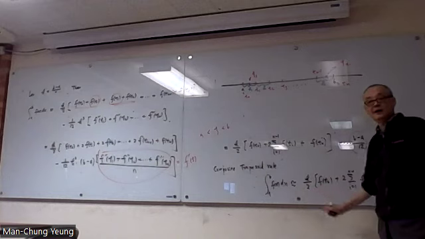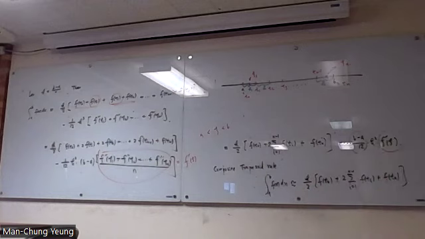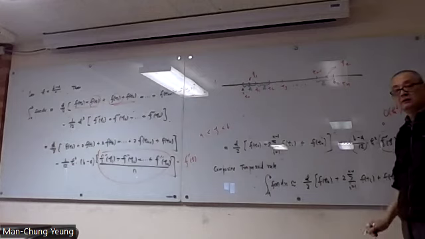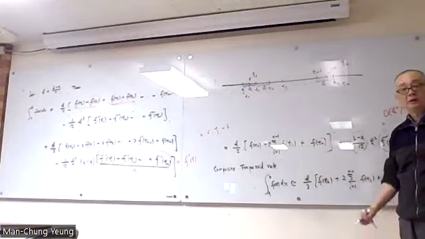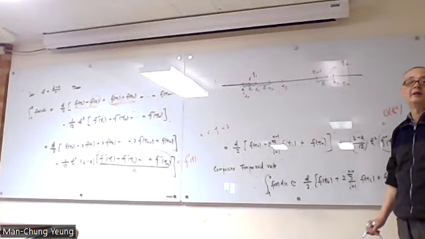This approximation is called composite trapezoid rule. How good is this approximation? Order 2. Composite trapezoid rule is an order 2 method.